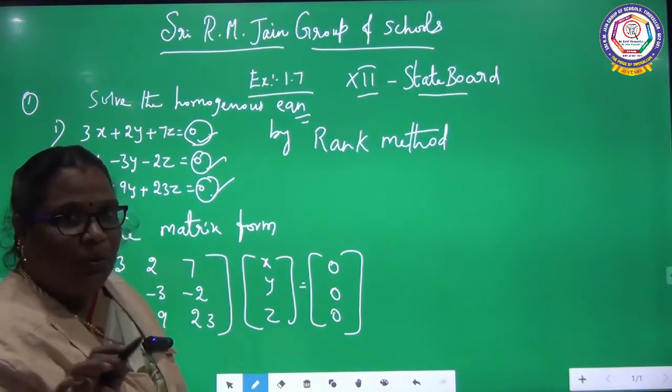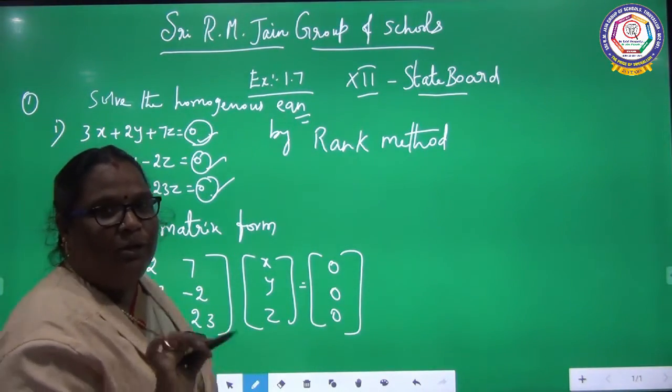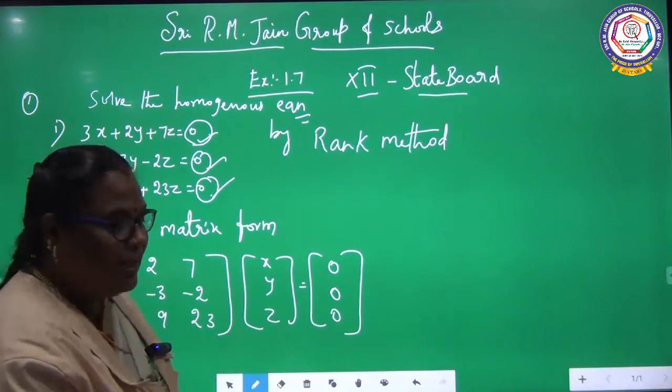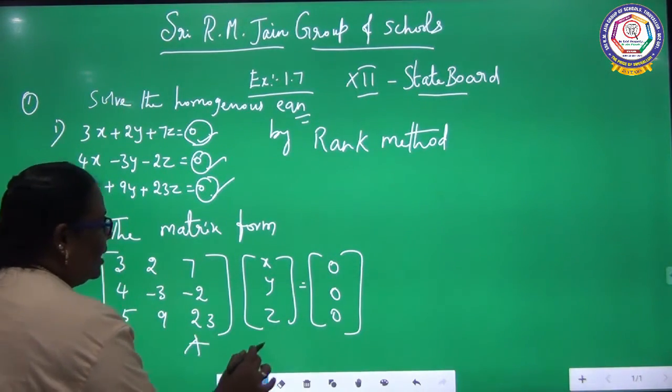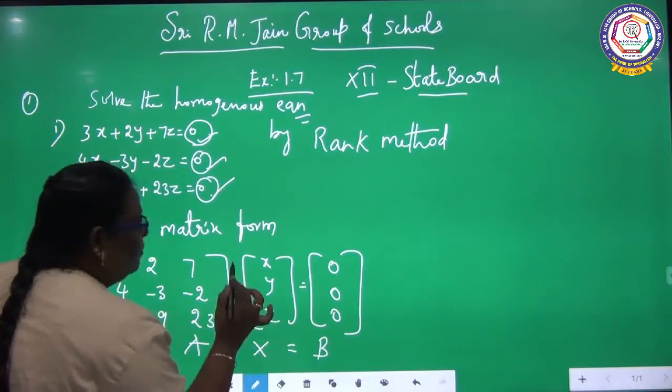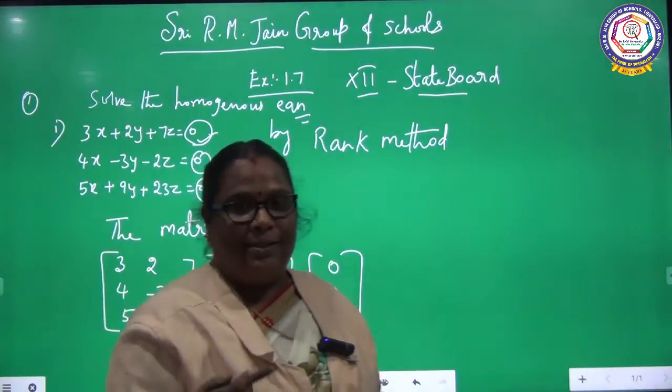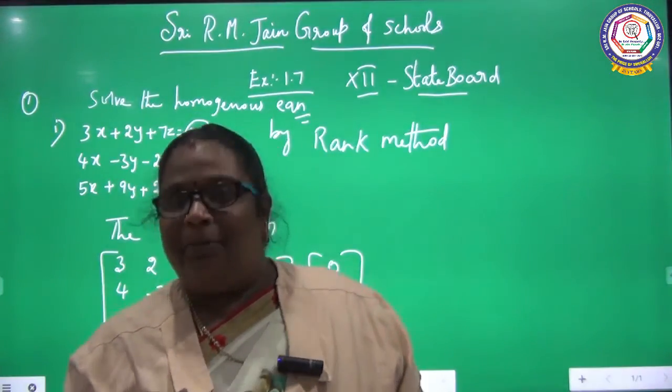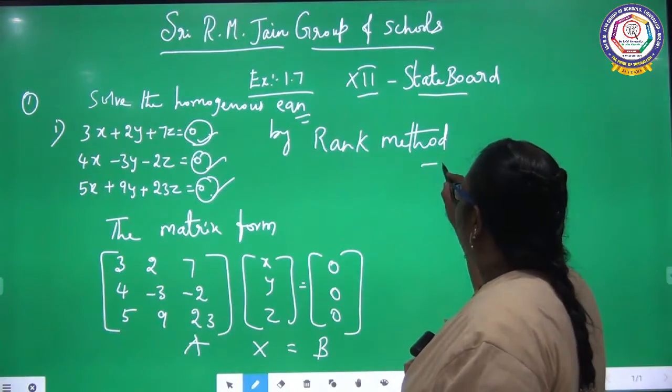If all the b values are equal to 0, it's nothing but a homogeneous equation. So, AX equal to B. What is the next step? Think, what is the next step? That is the augmented matrix. Yeah, good.